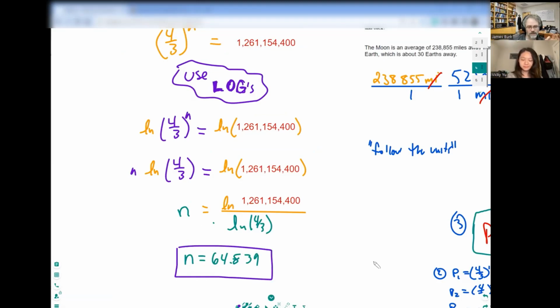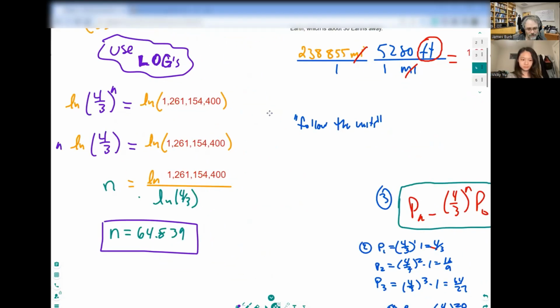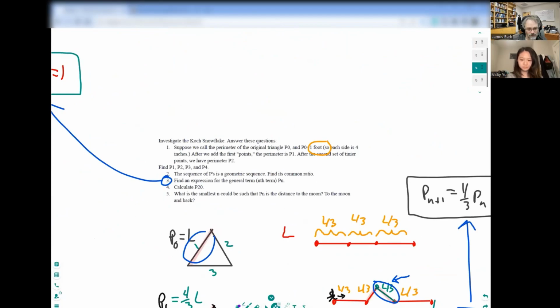We got n equals 34.839 using properties of logarithms, solving. We got a little problem. See if you can find the problem. What do all these values have in common?